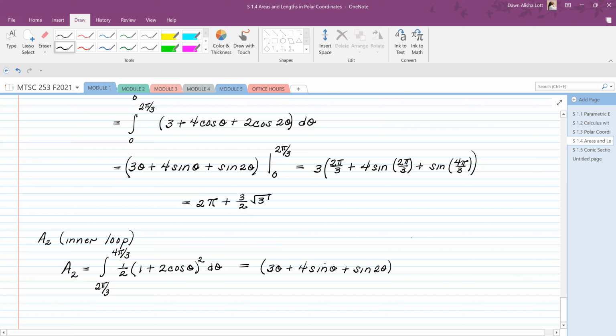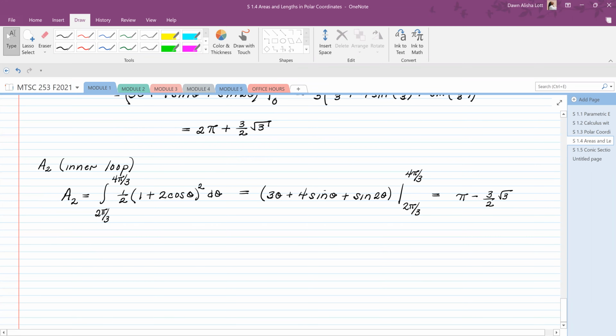But this time we're evaluating it between 2 pi over 3 and 4 pi over 3. And when you stick that in, you end up with pi minus 3/2 the root of 3.